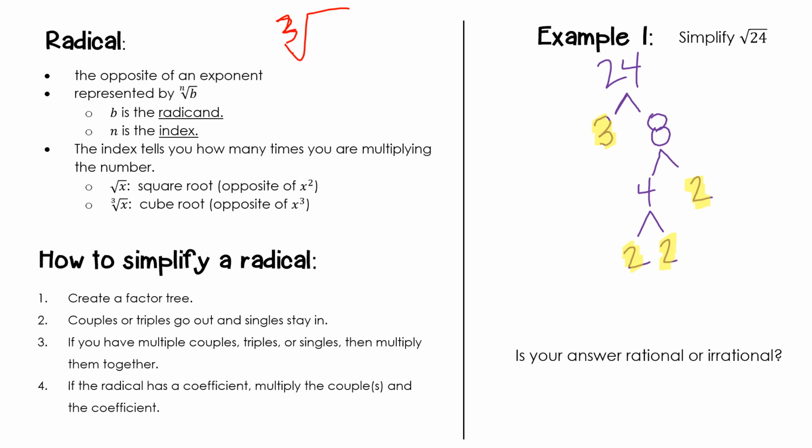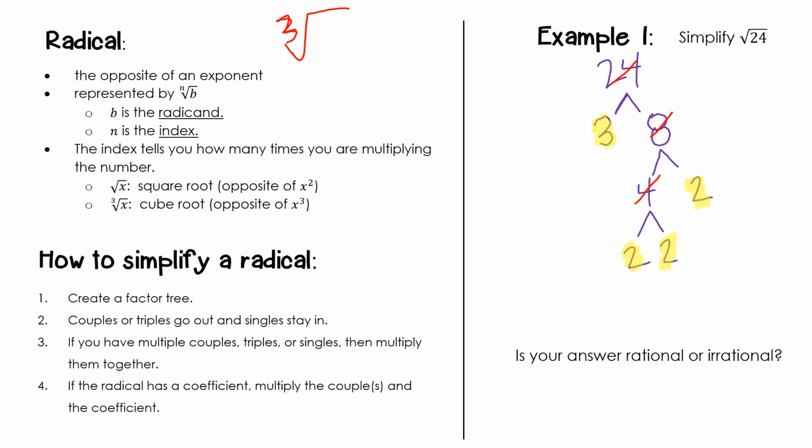So if you want, you could cross out the 4 and the 8 after you break it down in the 24. You can also check yourself if you multiply the numbers that you have left. So if I multiply 3 times 2 times 2 times 2, that would give me an answer of 24. So then I know that I have all the correct factors.